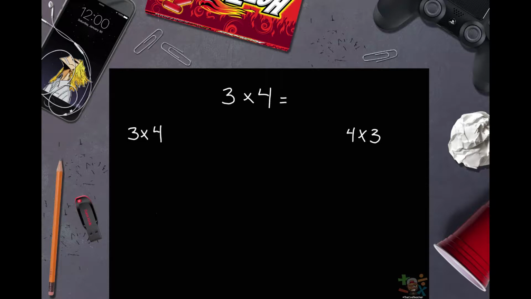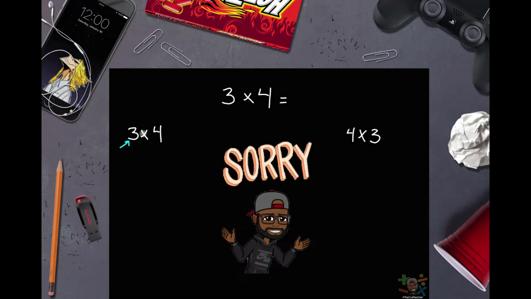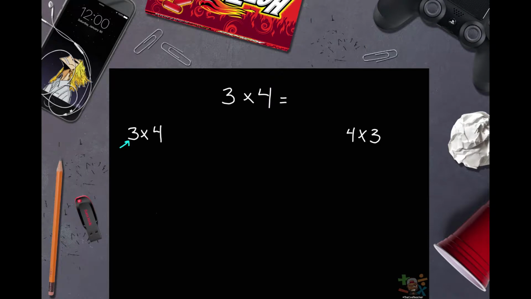When we multiply, this number, the 3, is going to represent how many circles are in each group. And the groups will be represented by this 4.